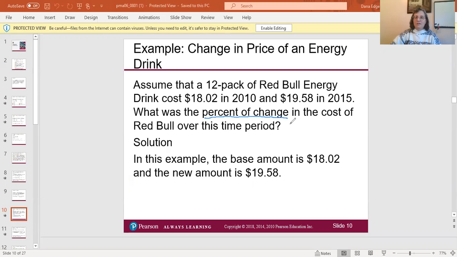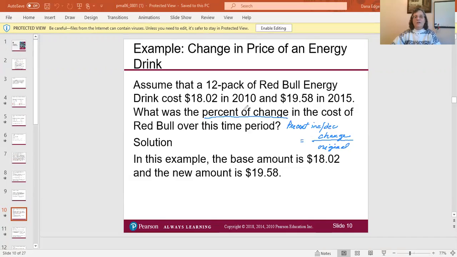So a percent increase or decrease. And this one, it's not even saying whether it's an increase or a decrease. Your percent increase or decrease is always the change divided by the original number, the one they were starting from.